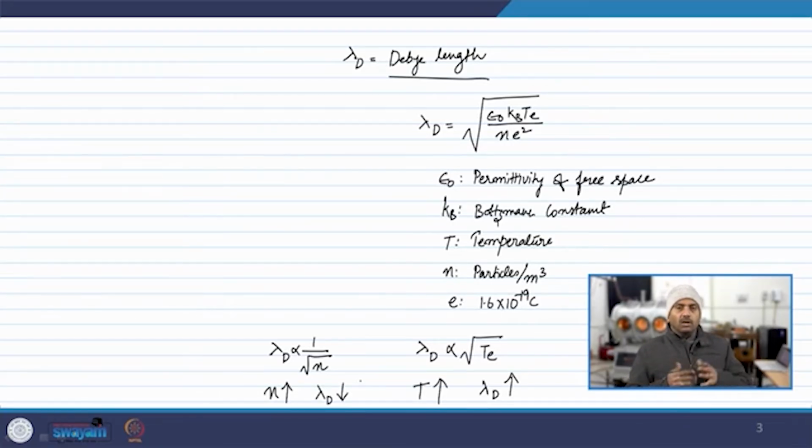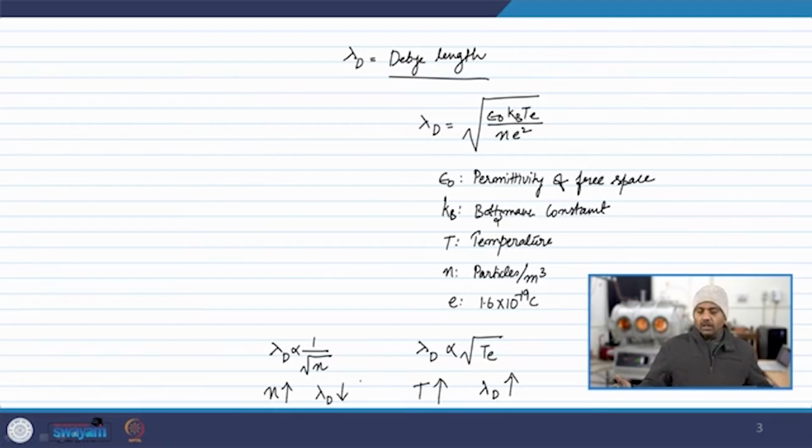If there are more electrons per unit volume, the positive charge will be nullified because more electrons will be surrounding it in its vicinity. That means effectively the distance up to which electrons need to be available to shield the positive charge will decrease. So, that is why lambda D decreases, right.